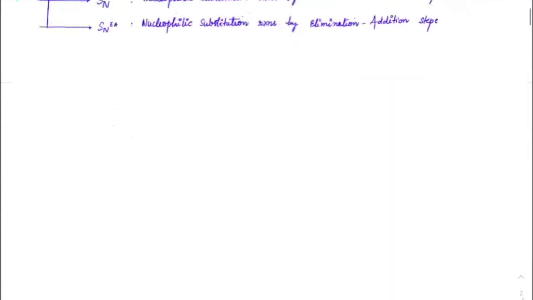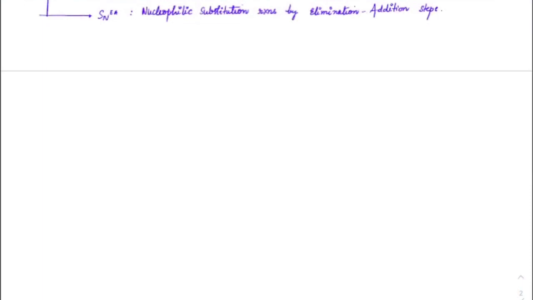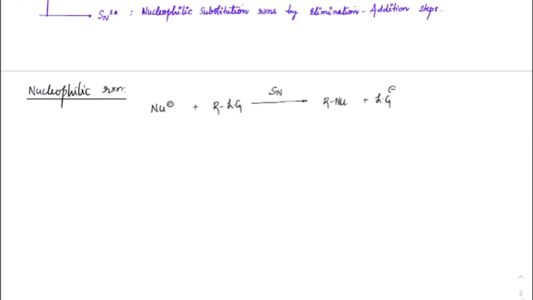Okay. So in general, when we talk about a nucleophilic reaction, we know that we will have a nucleophile attacking a substrate to give a substitution reaction. The substitution reaction gives a product, and there is one group that leaves here.